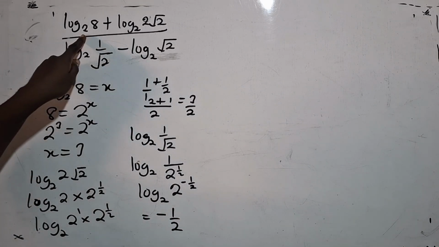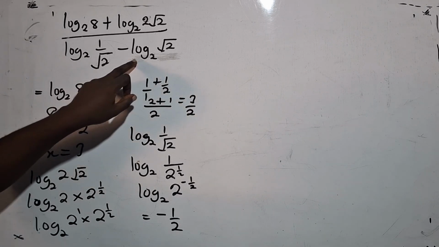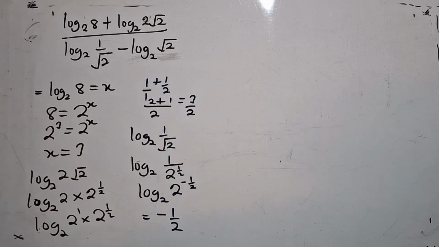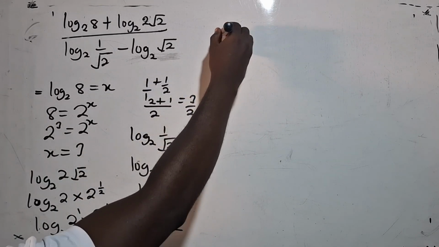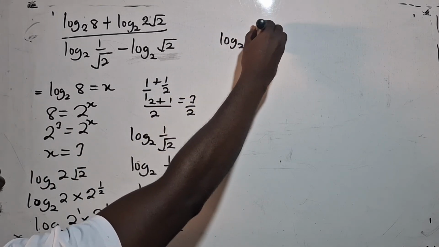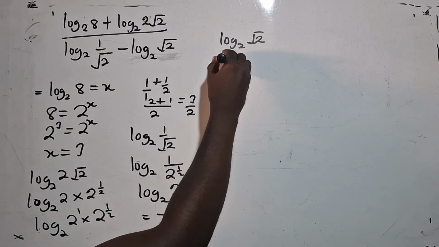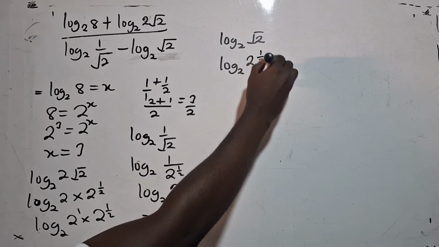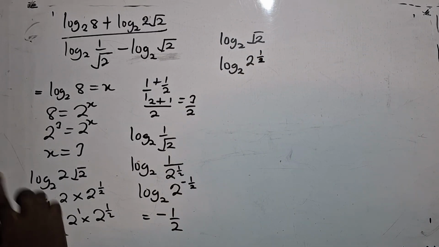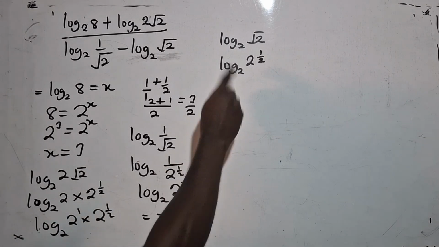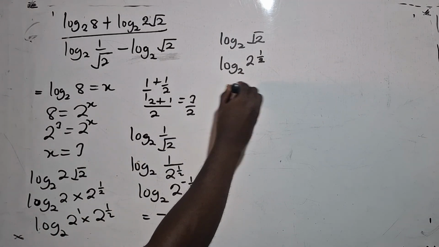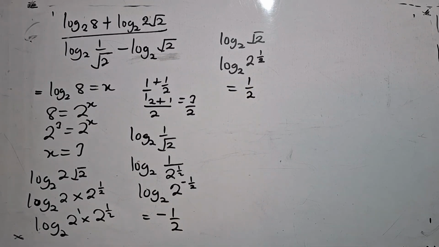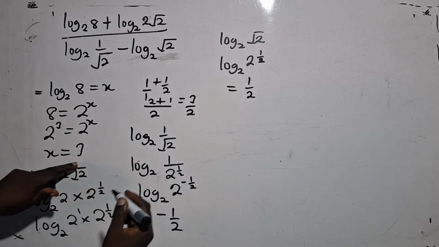So now I'm breaking down this one, this and this. It has left this, which is also very simple for us to solve. Now we have log 2 root 2, which also gives me log 2. Then we have 2 raised to the power half, which can also be simplified like this. So 2, 2, 1. So this one will also give me 1 on 2. Now I've broken down all these ones. Now I'm going to fix them inside the expression and solve. So the log 2 8, I got 3.